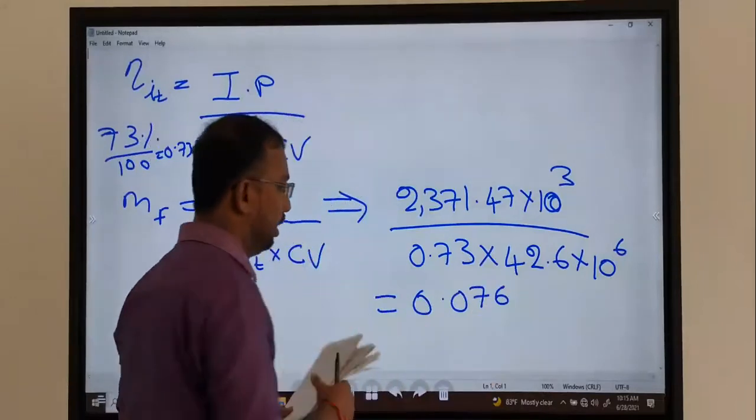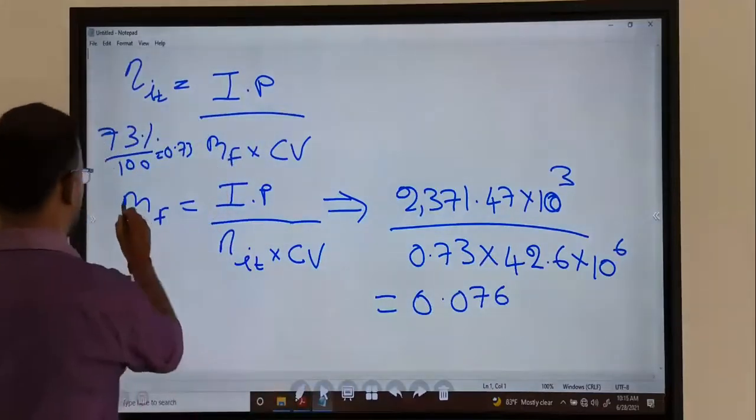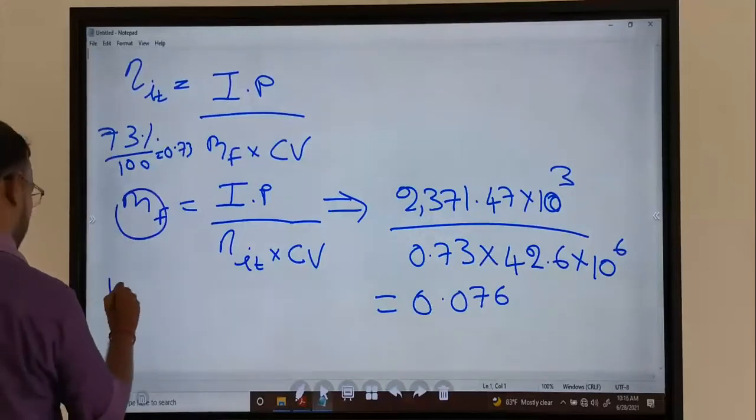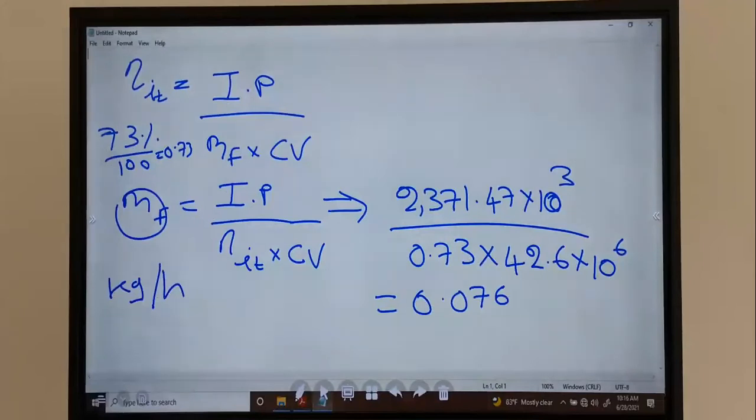So what is the unit? We have to find this MF unit as kilogram per hour. But in this equation we get the MF value not per hour.